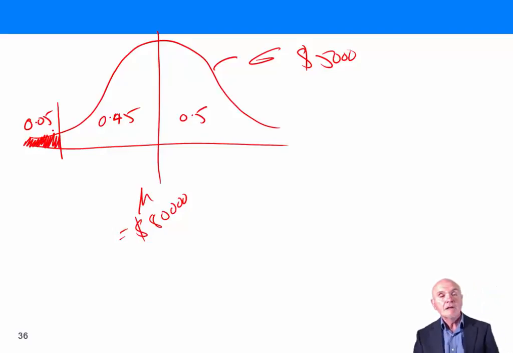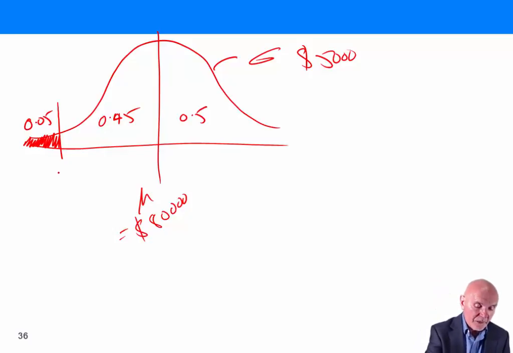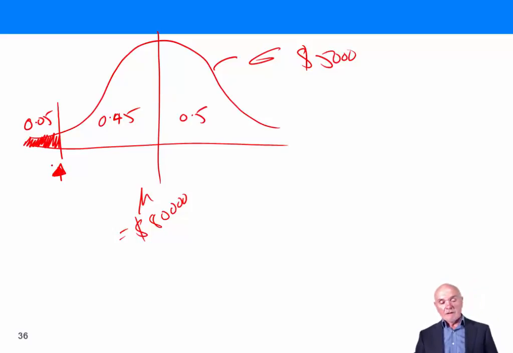It'll be lower than a certain amount, but only on 5% of all days.